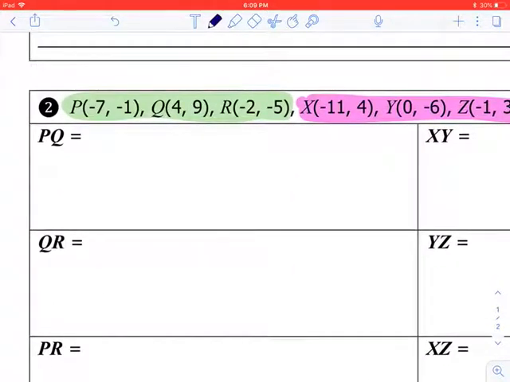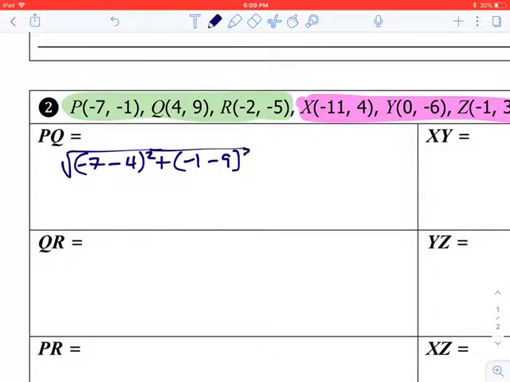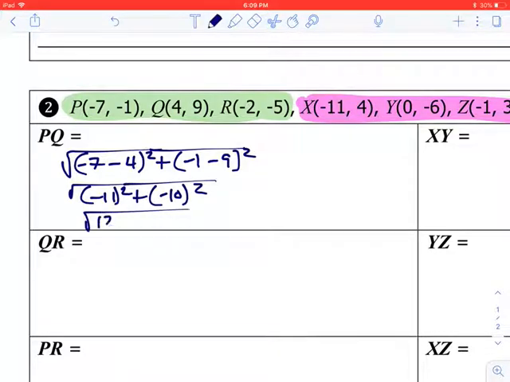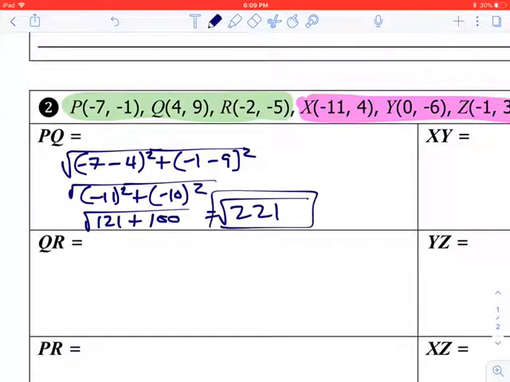So PQ, I'm going to start with Q, or PQ. So I'm going to go negative 7 is the x value minus 4 squared plus negative 1 minus 9 squared. So that's negative 11 squared, and that's negative 10 squared. And so what we have here is 121 plus 100, so that's 221. There's our first one.